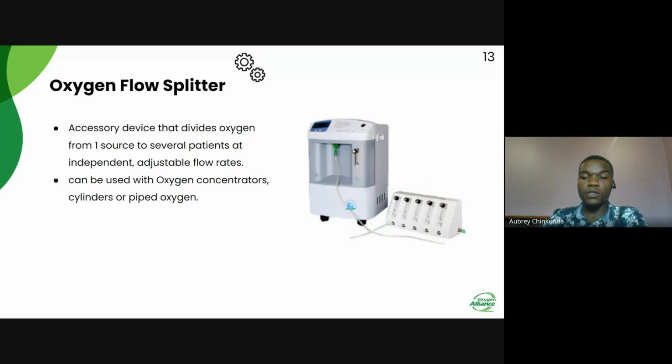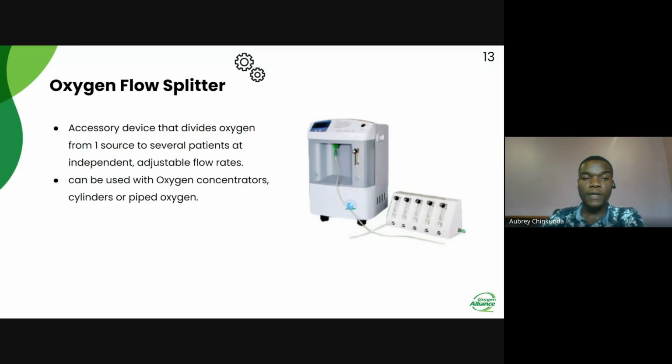So the oxygen concentration that is delivered by the flow splitter remains unchanged from that of the oxygen source. So you always have to make sure that the oxygen source is providing the recommended amount of oxygen concentration, because if it's low, then the splitter will not change that. That low oxygen concentration will also be delivered to the patient.